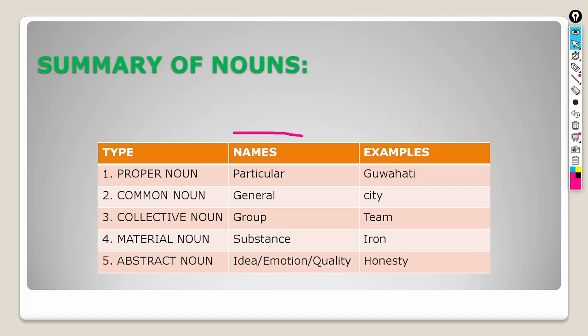Collective noun, team. Material noun, substance. Example, iron. Abstract noun, ideas, emotion, and quality. Example, honesty.